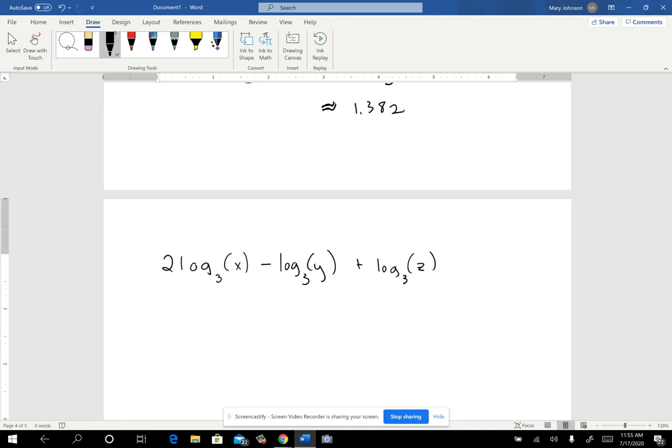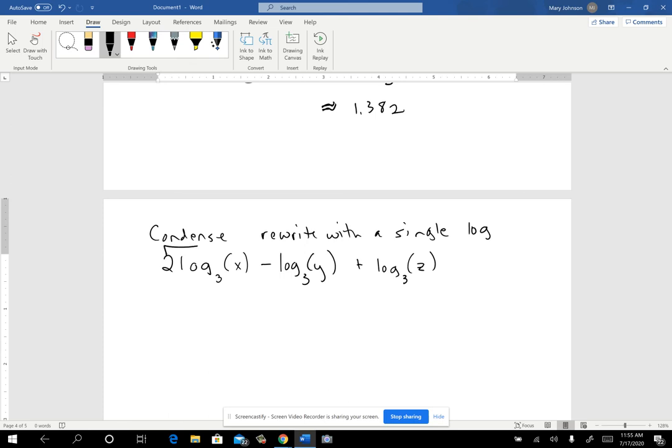And it might say to condense or to rewrite with a single logarithm. Okay, so if it asks me to do that, this is where you want to look at those log properties.